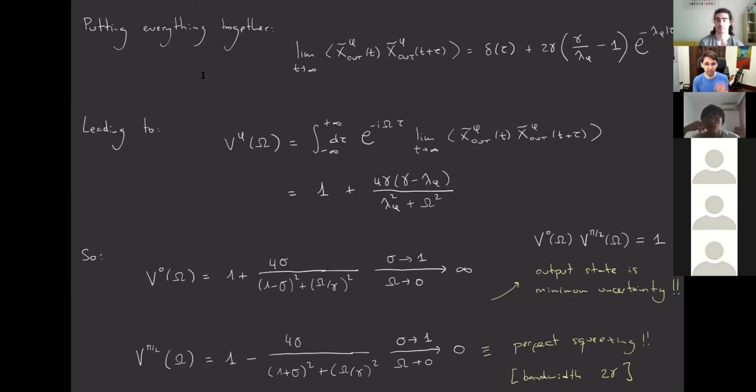And if you check this quantity, you get perfect squeezing. So this is a source that we can use for gravitational wave detection and for any kind of measurement that we want to do beyond the shot noise, or coherent or vacuum noise limit, okay?